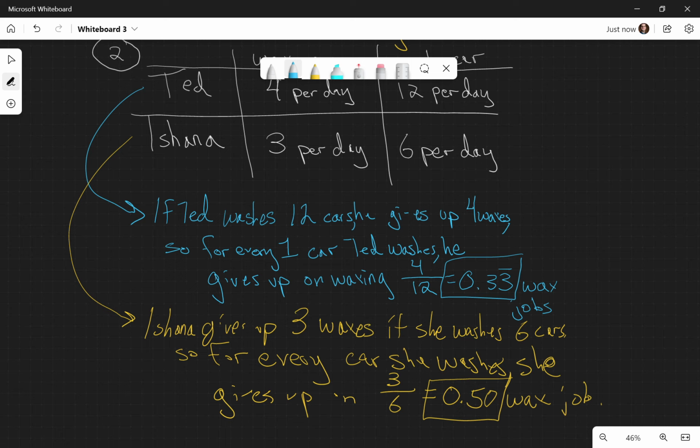So now we have the opposite situation as before, where Ted has the lowest opportunity cost. And this is like golf, right?